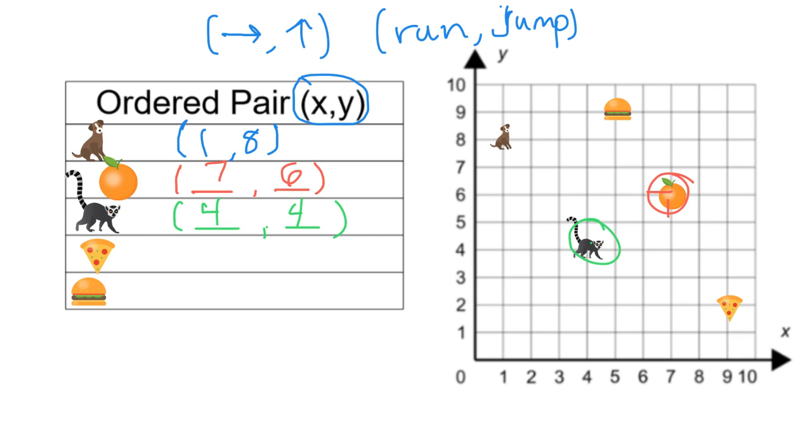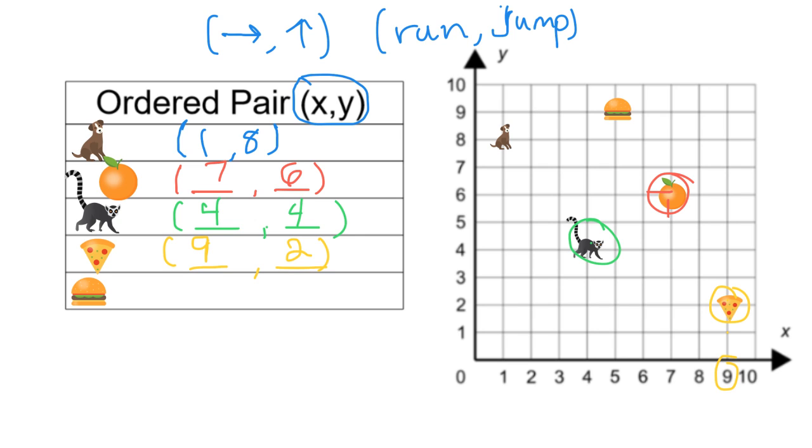And let's use yellow for pizza. Pizza is at, let's see, go over to 9. So I know for sure that 9 is going to be my X value. And then we're going to go up 1, 2 jumps to 2. That is our Y value. 9, 2 is the coordinates for that one.